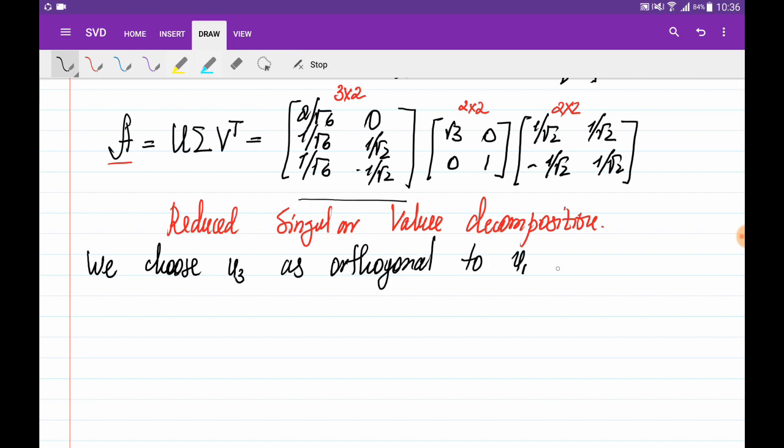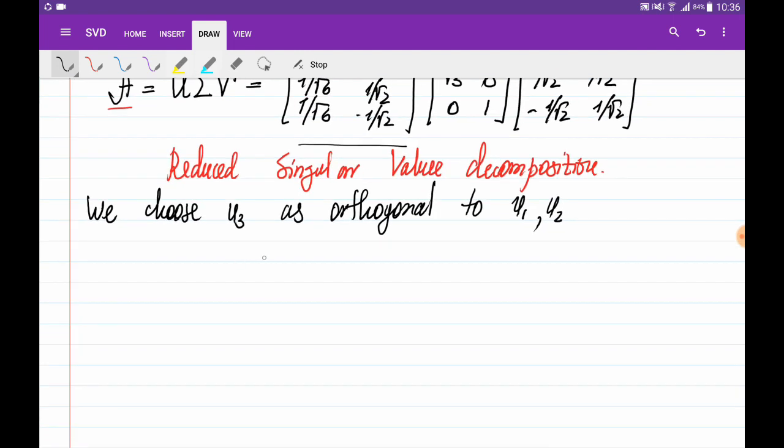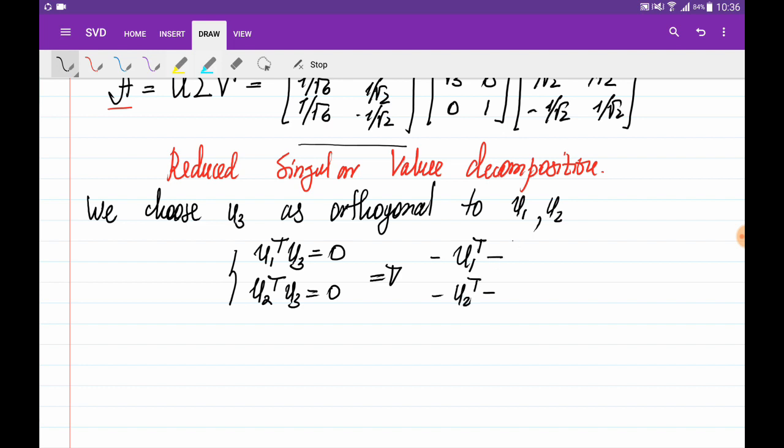So do you remember, we can write this as the scalar multiplication of the U1 to the U3 should be equal to 0, and the scalar multiplication of the U2 to the U3 should be equal to 0. We can put this as a matrix equation where U1 transpose will be the first row, U2 transpose will be the second row, multiplied to the U3 is equal to 0, 0.